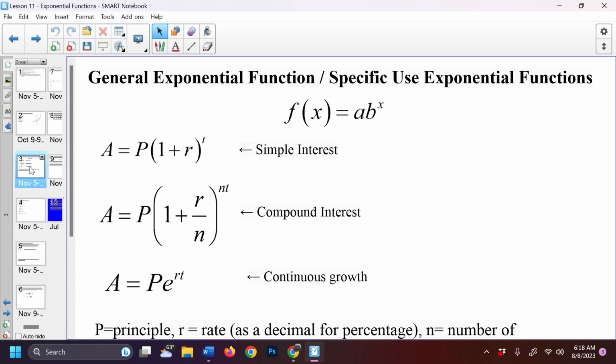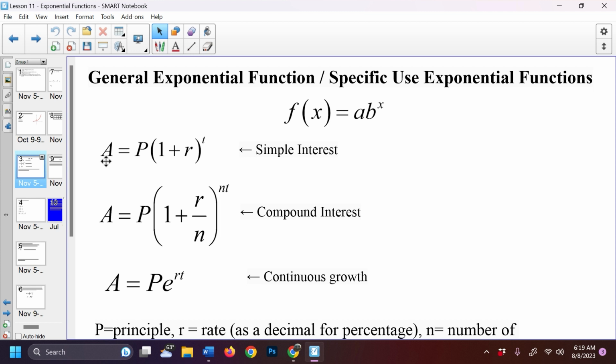Okay, so on this next slide we have our general exponential functions and then some specific exponential functions. Our general function f of x equals ab to the x is our general exponential function. We have 3, and we won't use all of these today, but I thought I'd put them all together in the notes so you have them together. Our simple interest equation is A equals P times 1 plus r to the t.